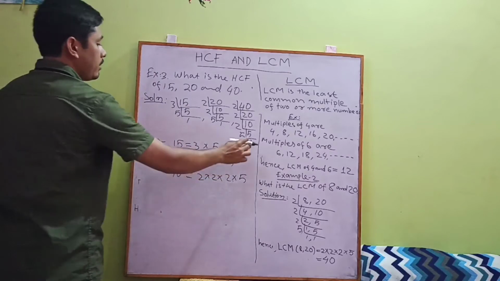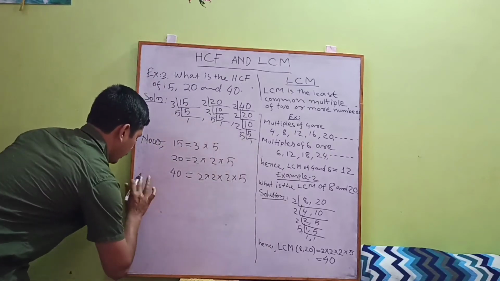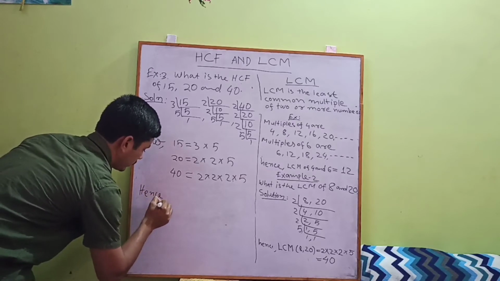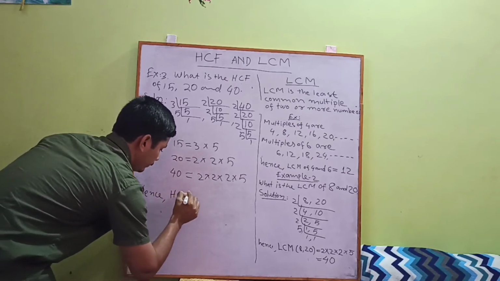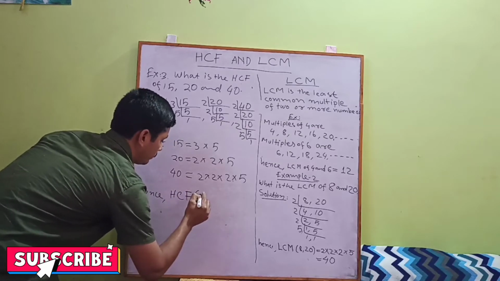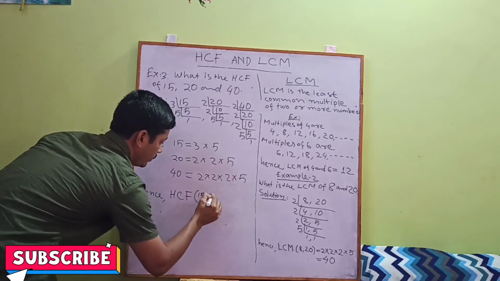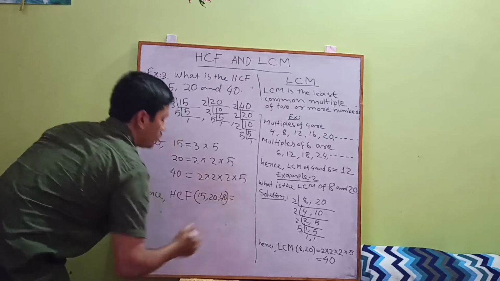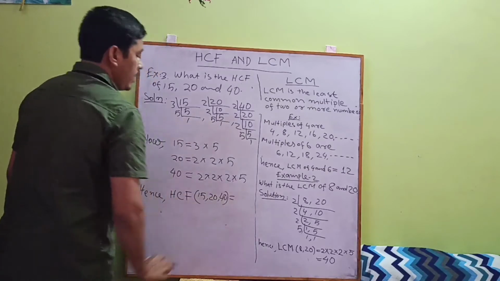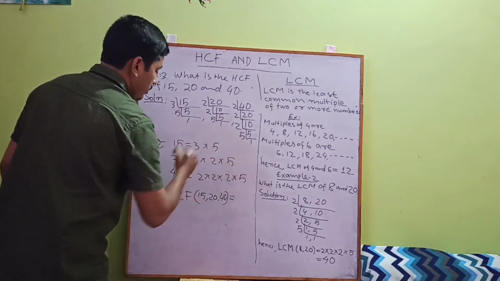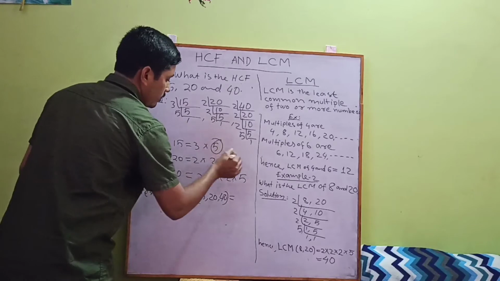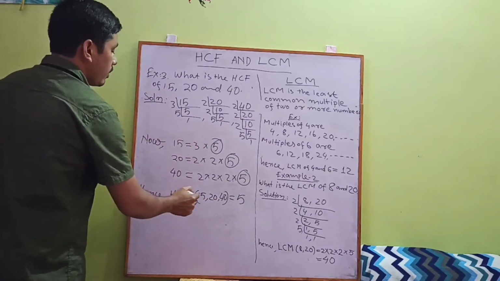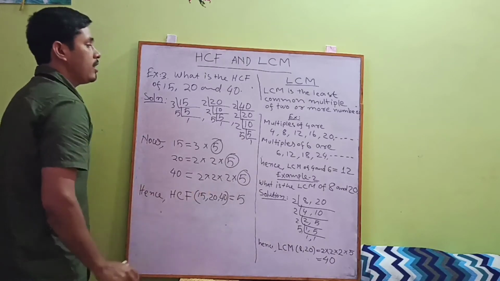We do not need to write 1. Hence, the HCF of 15, 20 and 40 is equal to the common factor among these factors. Here the only common factor is 5. 5 is the highest common factor. That means the HCF of 15, 20 and 40 is 5.